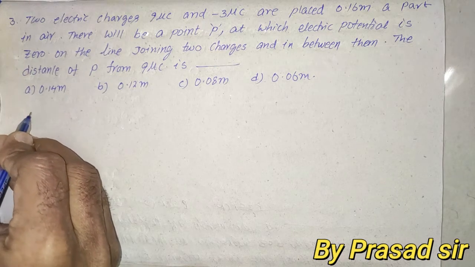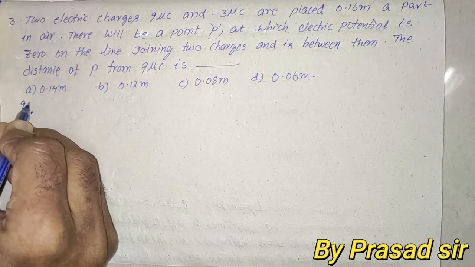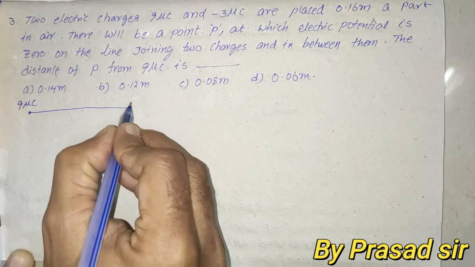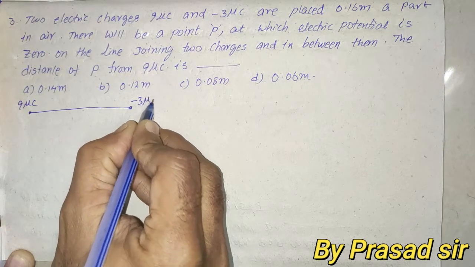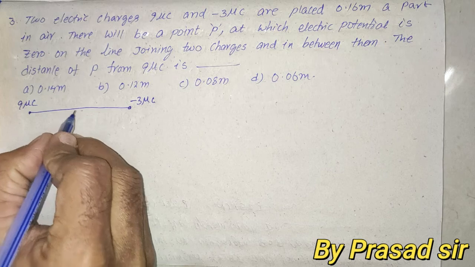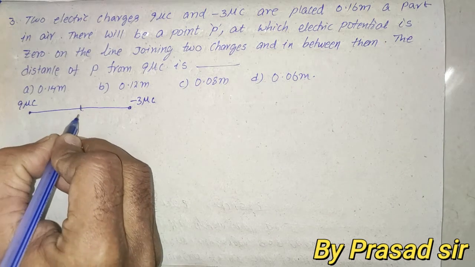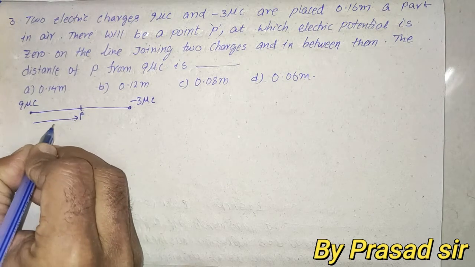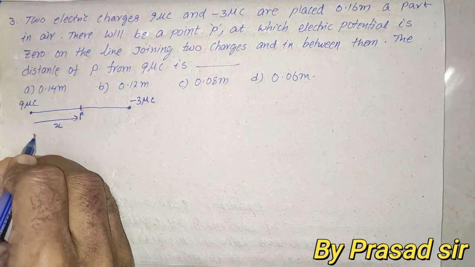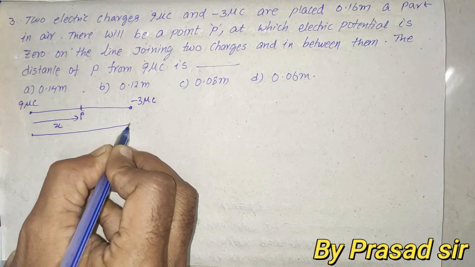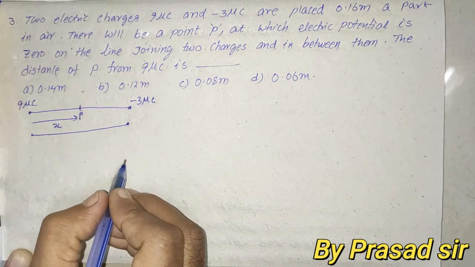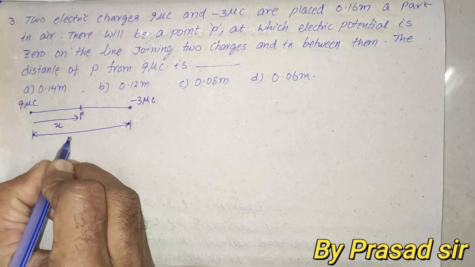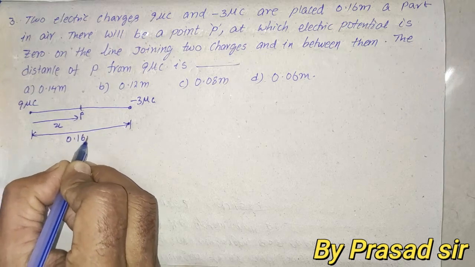First of all, at this particular point 9 microcoulombs is present, and at this particular point minus 3 microcoulombs is present. In between, there is a point P. From 9 microcoulombs, this is some x distance, but the distance between 9 microcoulombs and minus 3 microcoulombs is 0.16 meters.